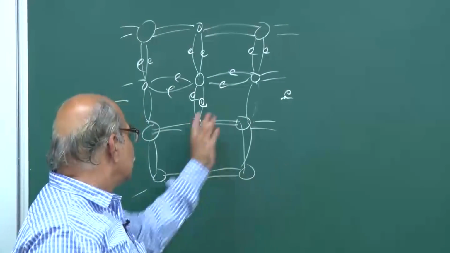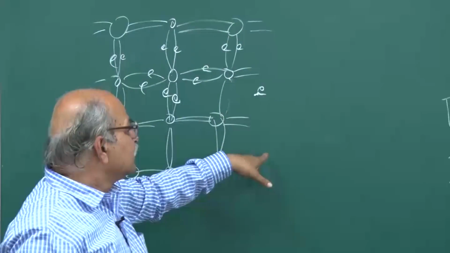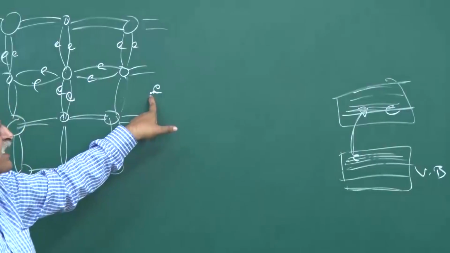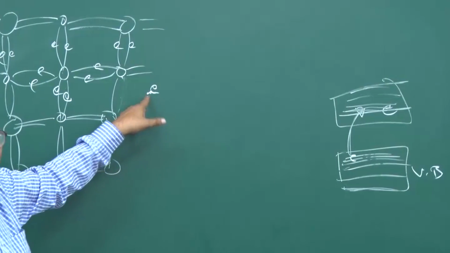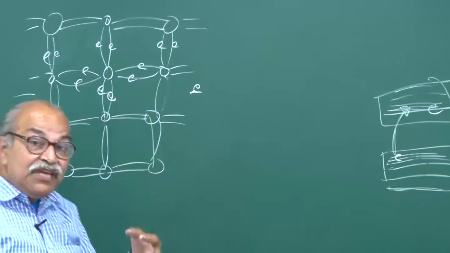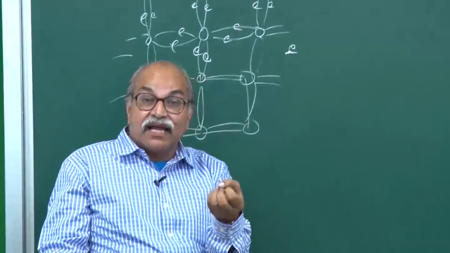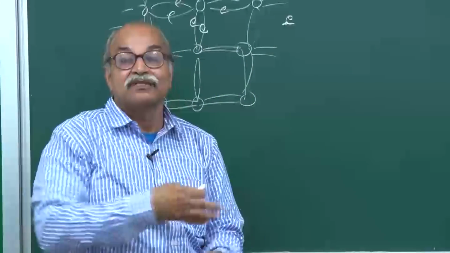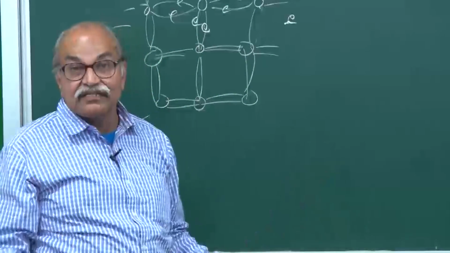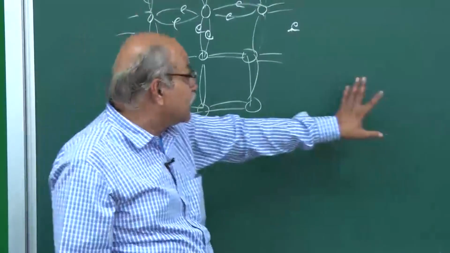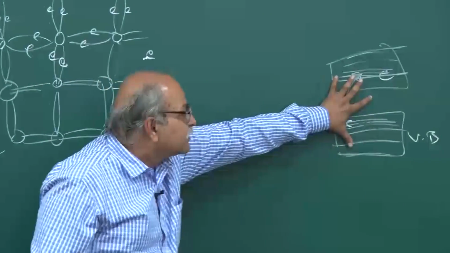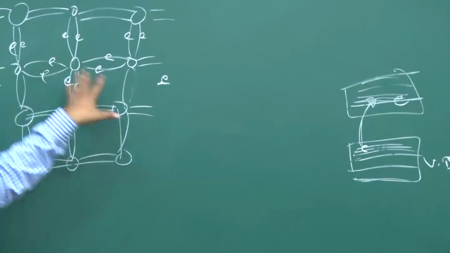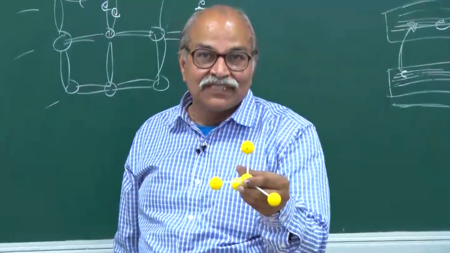So whenever I am talking of a conduction electron, I am talking of an electron which is not in a bond and is very weakly bound to the parent atom, and therefore it keeps changing the parent atom, and it can go anywhere in this solid. So this connection between this diagram and this diagram should always be kept in mind.